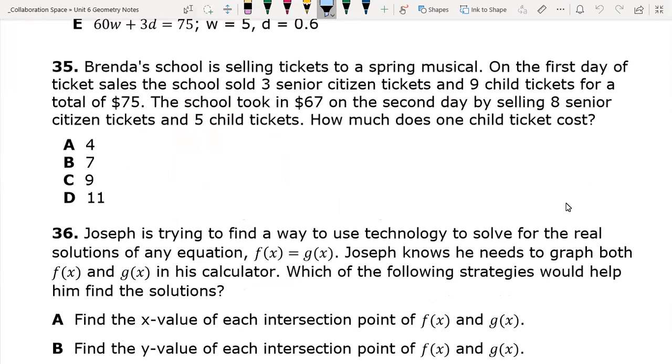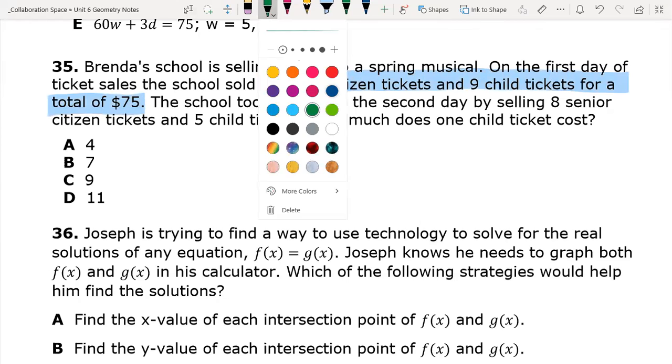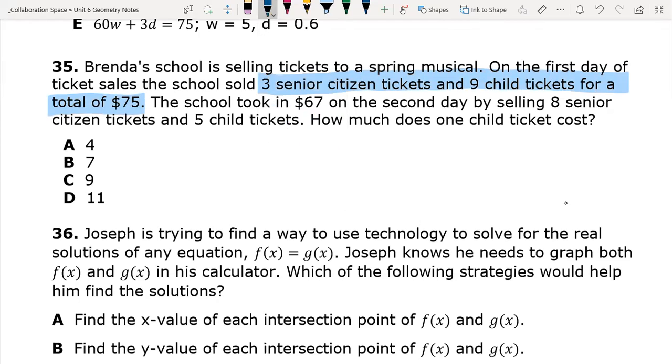So we're going to focus on one sentence at a time. On the first day, the school sold 3 senior citizen tickets and 9 child tickets for a total of $75. So let's write an equation that relates to that situation.